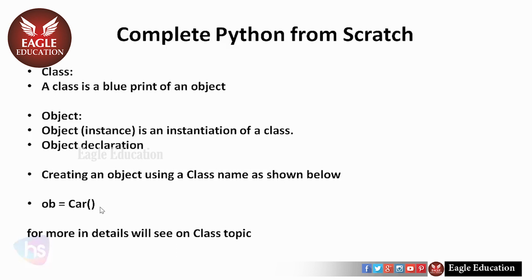Once we want to call the class and instantiate it to use its methods and functions somewhere else, we initiate the object like this. ob is just a name to understand the object. It equals the class, so all the properties inside the class will come and attach to ob. For more details, we will see.